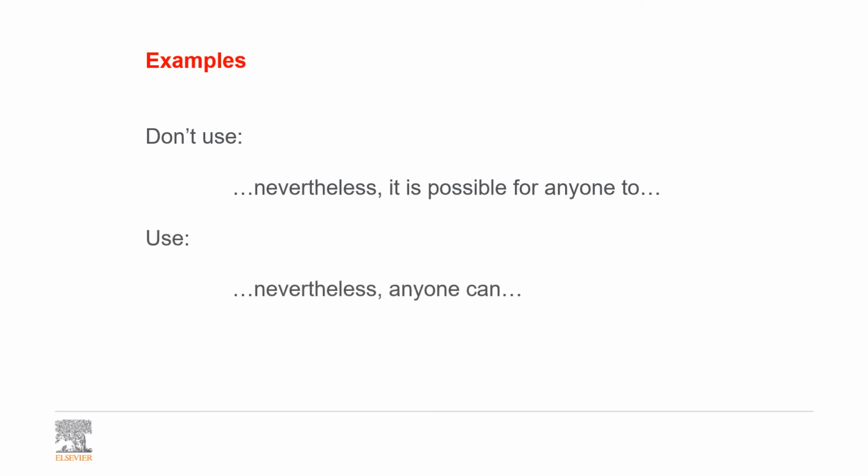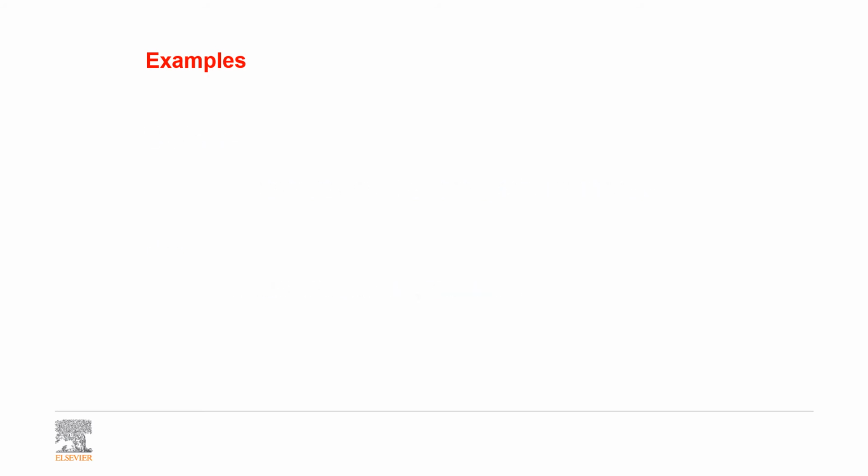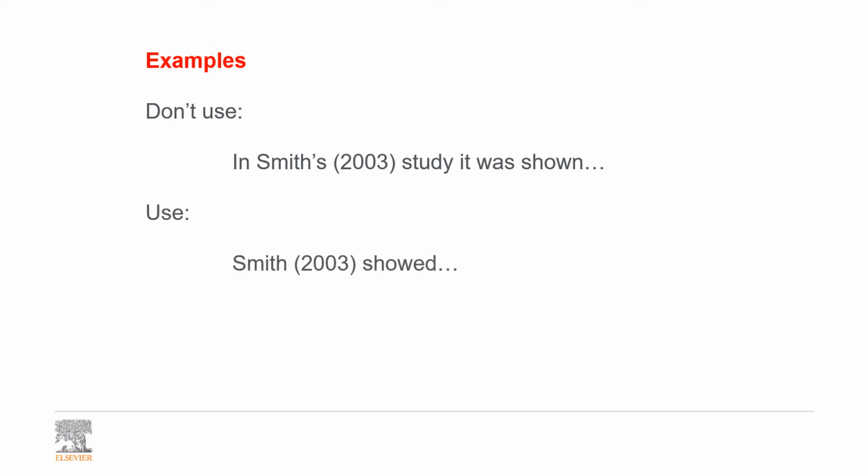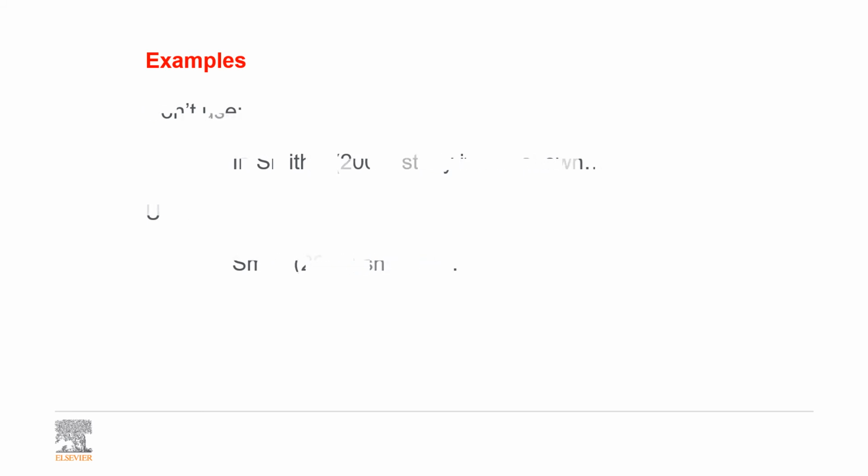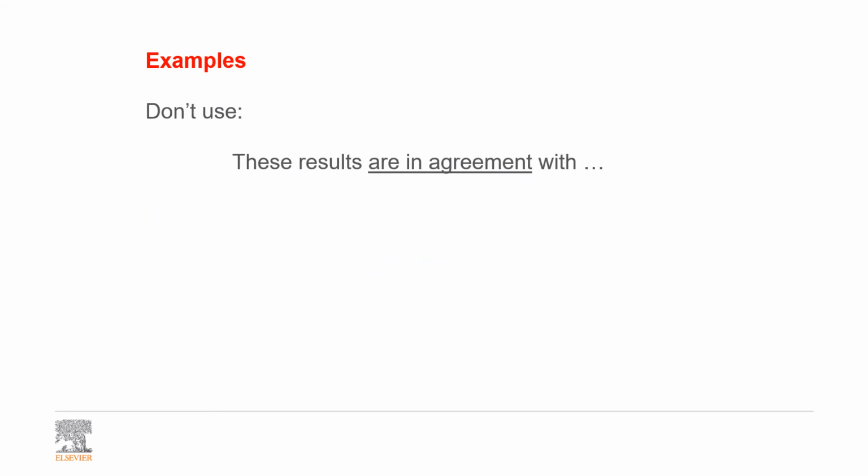Say, nevertheless, anyone can. In Smith's study it was shown. Much better to say Smith showed. These results are in agreement with. These results agree with. I'm sure you're getting the idea by now.